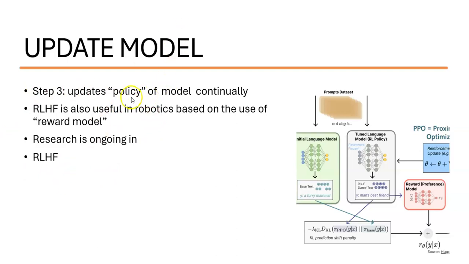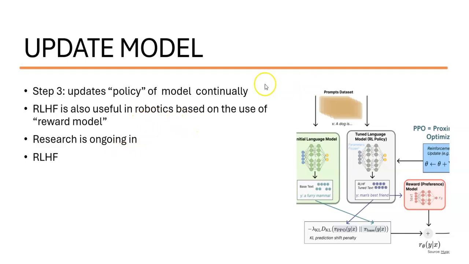So as we have the policy which I told you in the second step of the reinforcement learning approach, you have to update your policy model continually, so that your model will be updated and it will have the latest things. It will grasp the latest things and latest versions too.